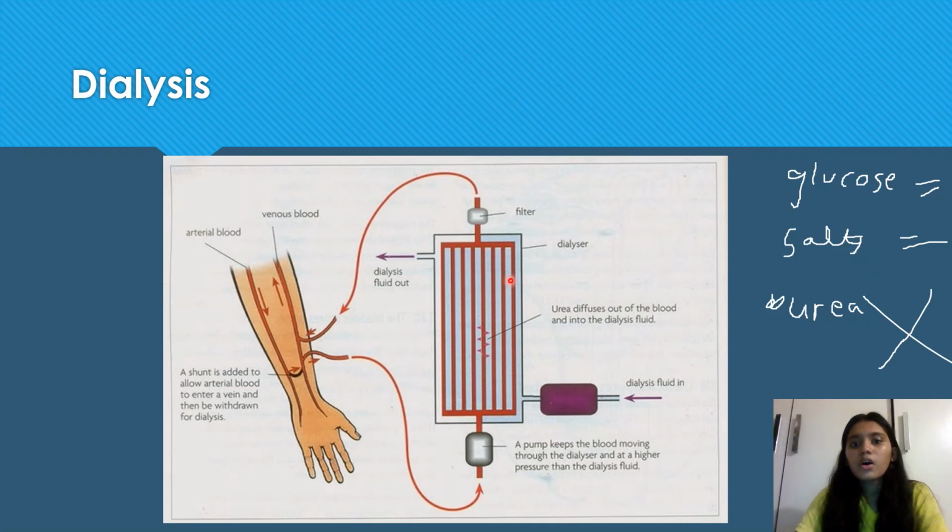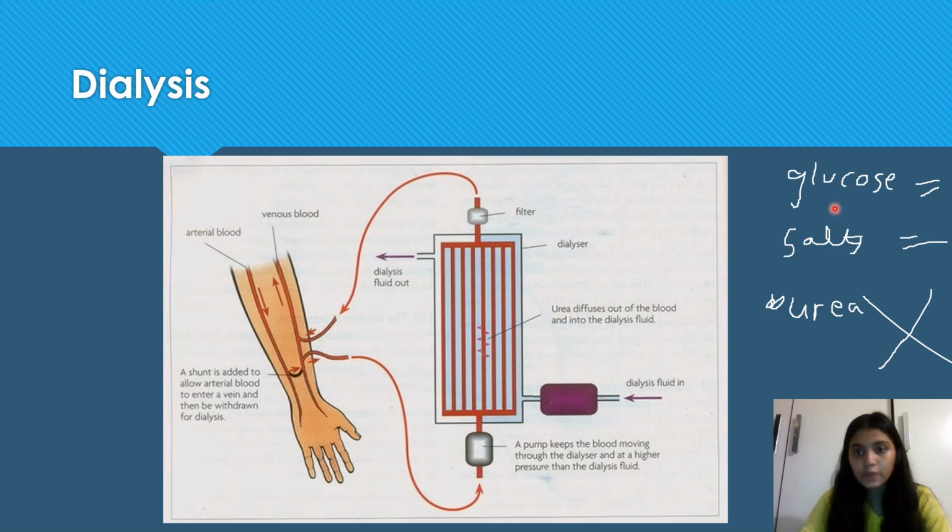Because the glucose concentration is the same inside and outside the blood in the dialysis machine, there is no diffusion of glucose into or out of the blood. There's no concentration gradient at all, so the patient does not lose or gain glucose. It's the same as the normal body concentration. Same with salts: no concentration gradient, so no salts are lost or gained.